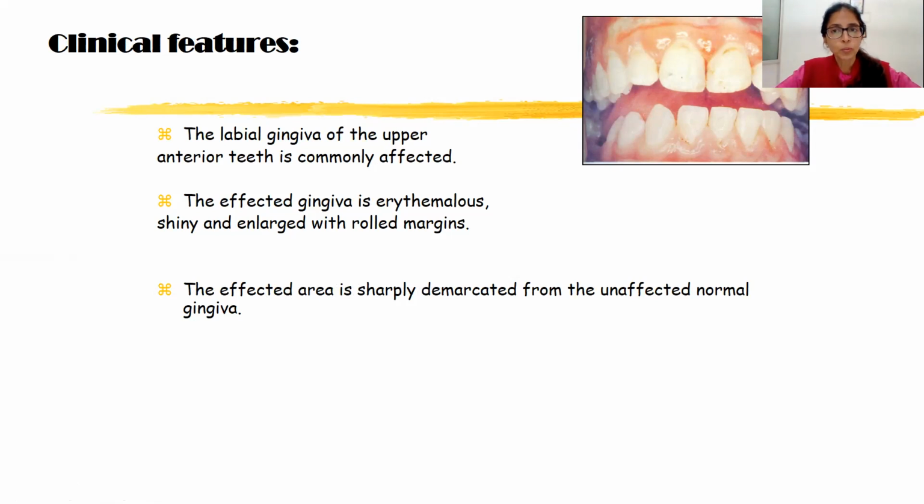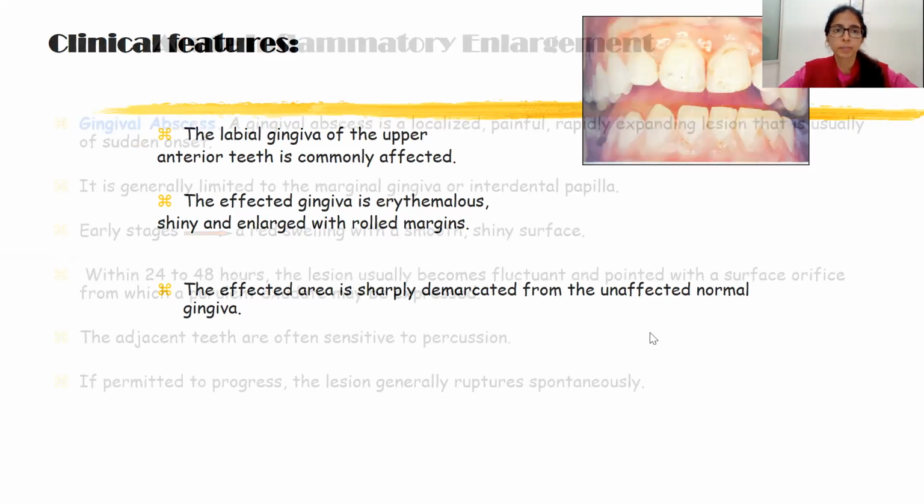That kind of reddish line will be present only up to the canine, and it will just disappear beyond the canines. So that can be appreciated. The affected gingiva is smooth, shiny, erythematous with rolled margins. Here also, the affected area is sharply demarcated from the unaffected areas.